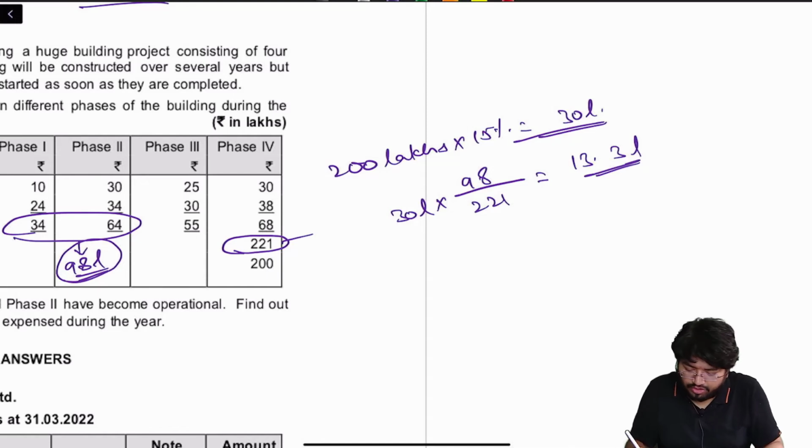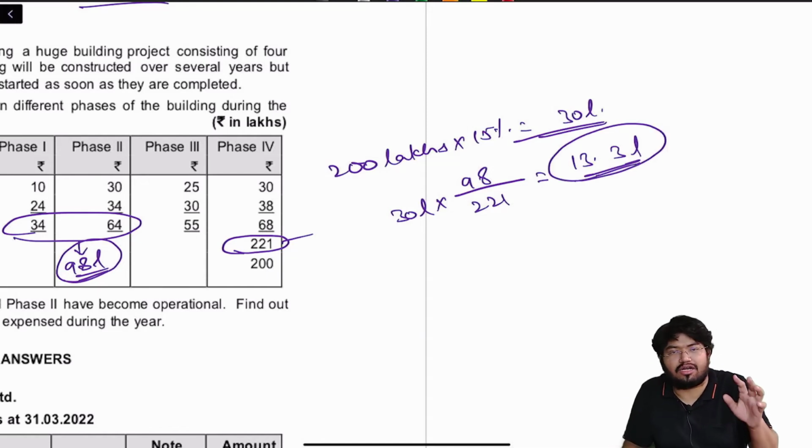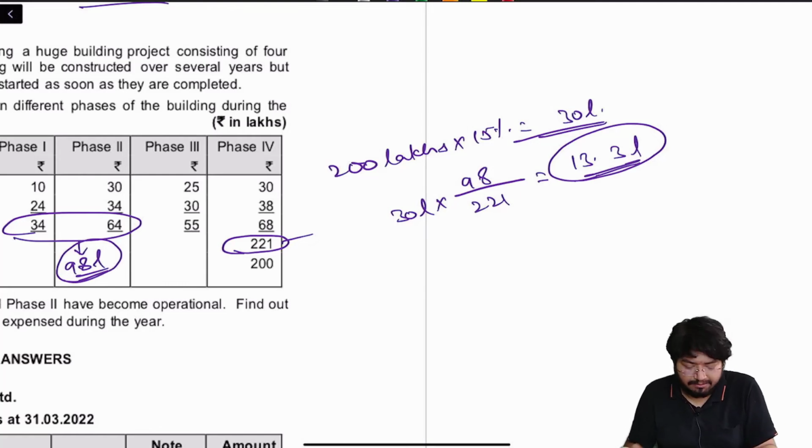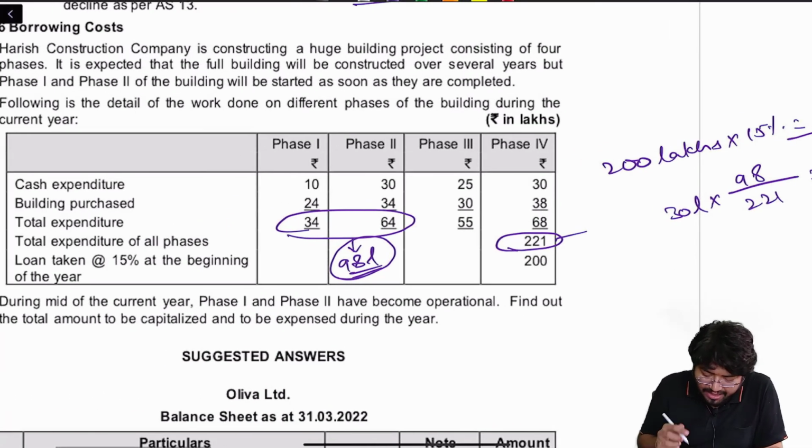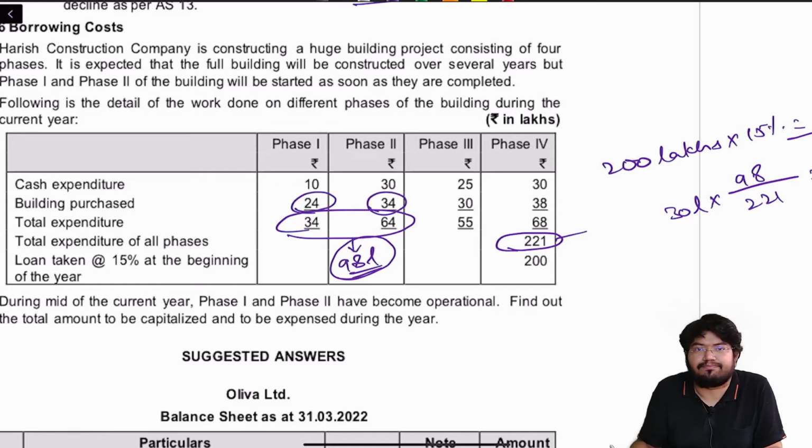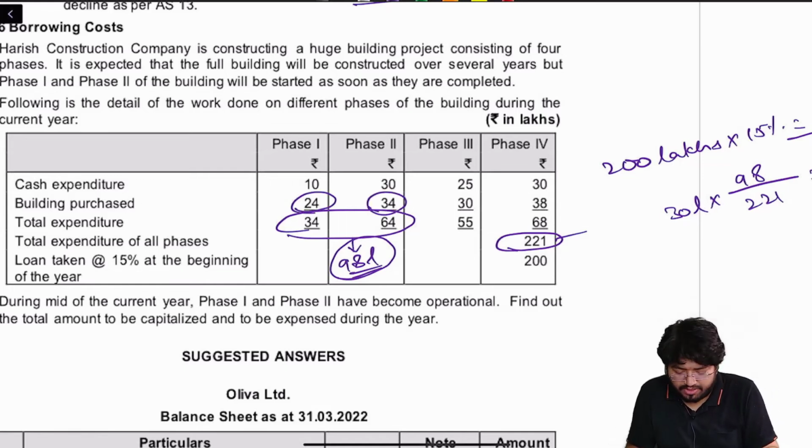Excellent. So this 13.3, you cannot say completely it is for the asset, because you have spent some money for purchase of direct assets. The amount used for building purchase cannot be considered for your capitalization, because that will not be considered as a qualifying asset.